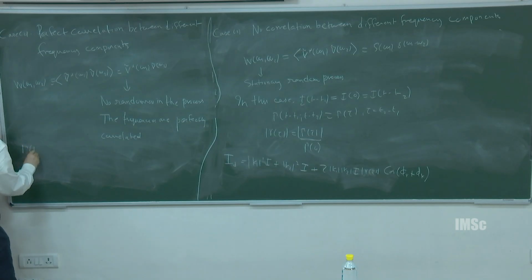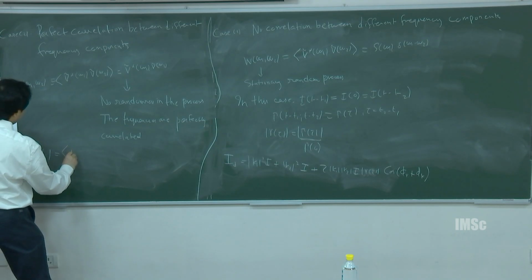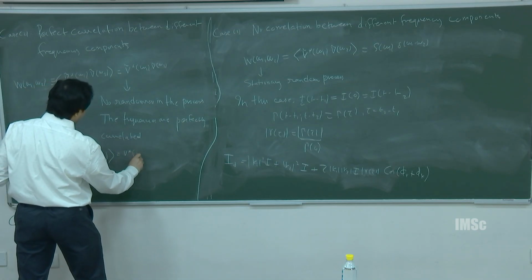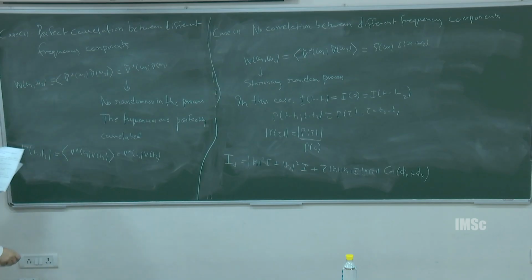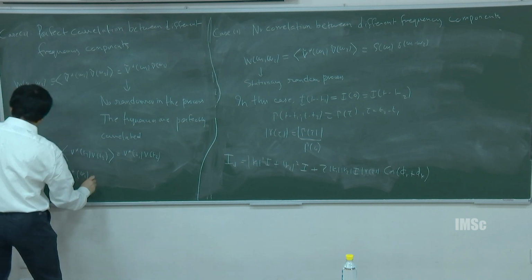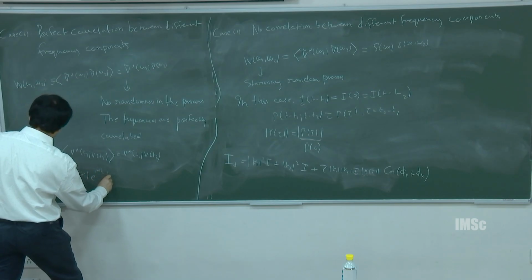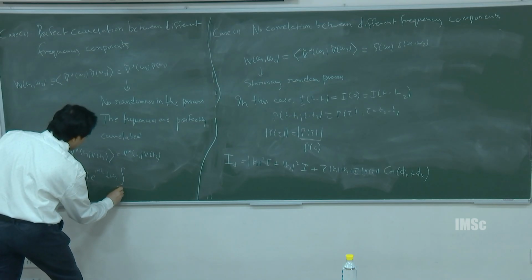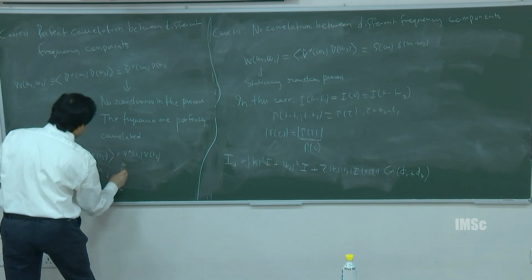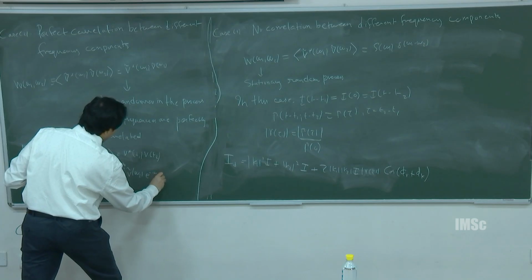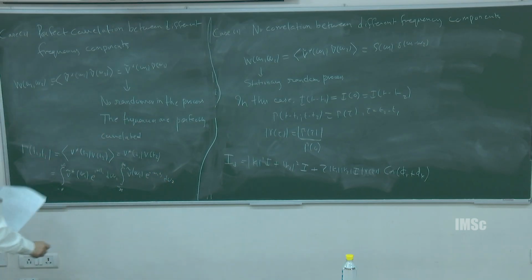So this cross correlation function is basically... and once again... in this case, of course, the correlation function depends on both the time arguments t1 and t2.